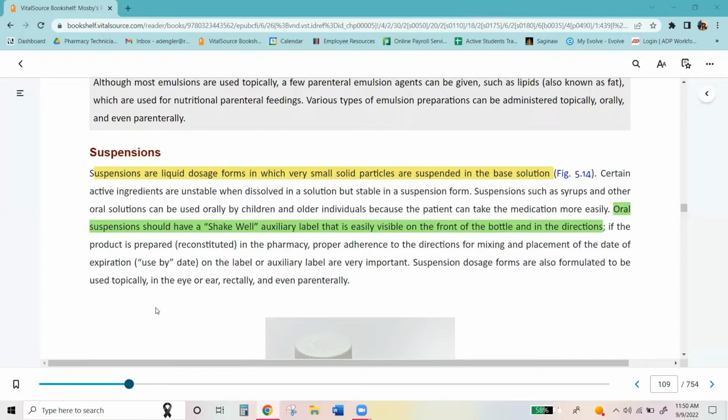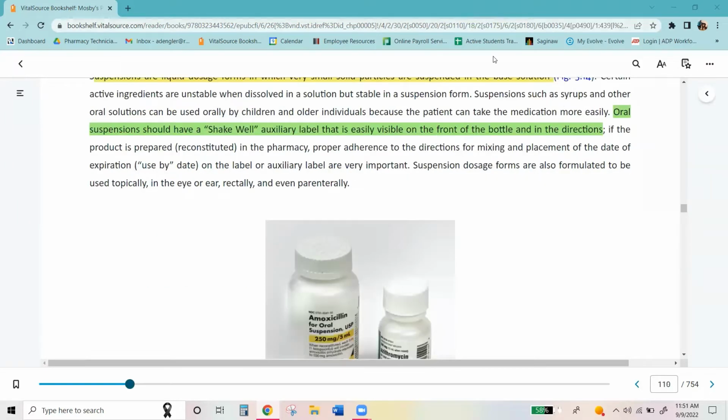If the product is prepared, reconstituted, in the pharmacy, proper adherence to the directions for mixing and placement of the date of expiration on the label or auxiliary label are very important. Suspension dosage forms can also be formulated to use topically in the eye or ear, rectally, or even parenterally.